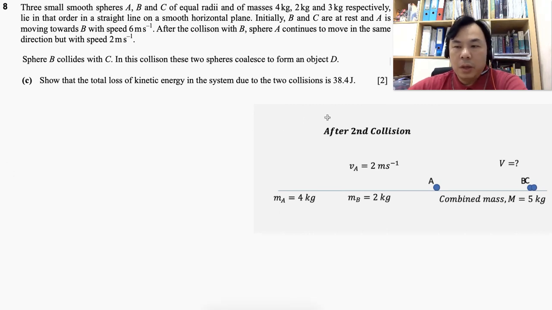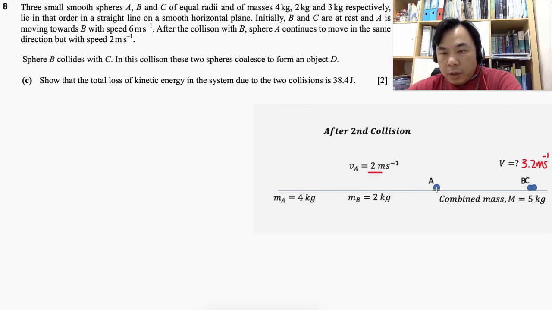Okay, now we are good to go. We have already found that the speed of this object, when it combines, is 3.2 meter per second. And A is still moving at 2 meter per second.